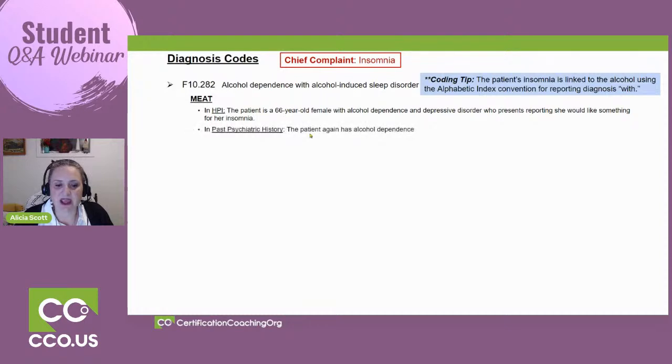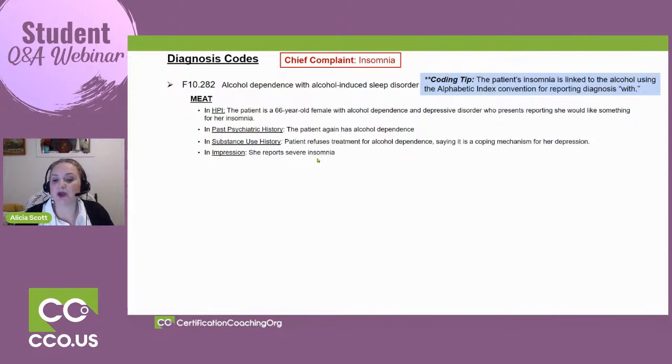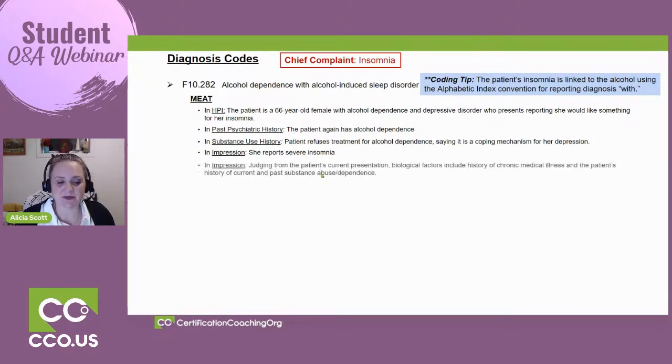Then we see the patient again has alcohol dependence. Patient refuses treatment for alcohol dependence. Okay. And she reports severe insomnia. So again, your knowledge background of the disease process, alcohol dependence, and the signs and symptoms that go along with it would allow you to get to the highest specificity there.